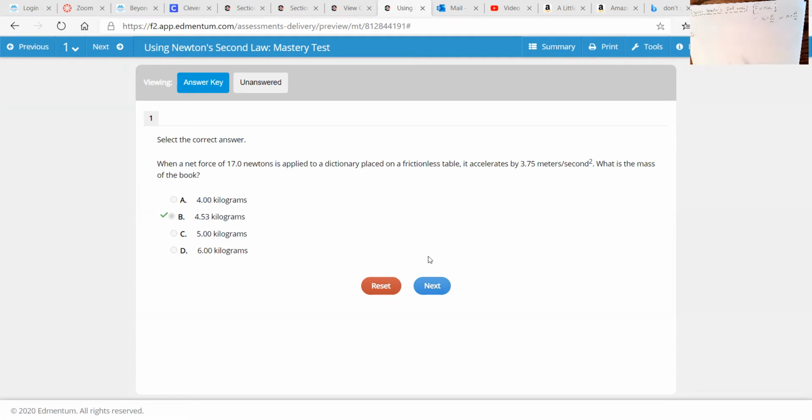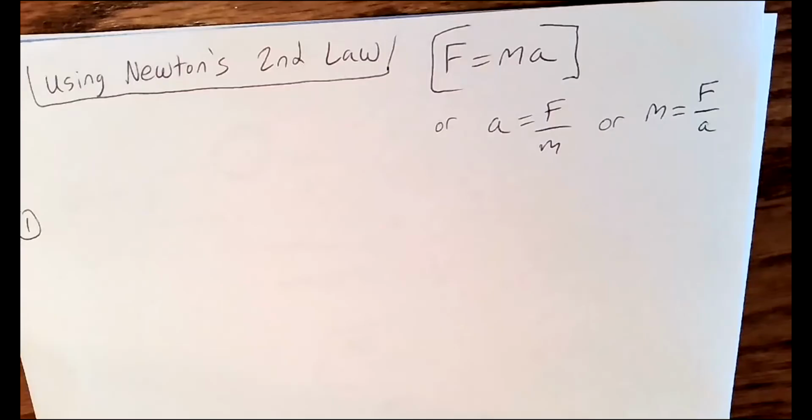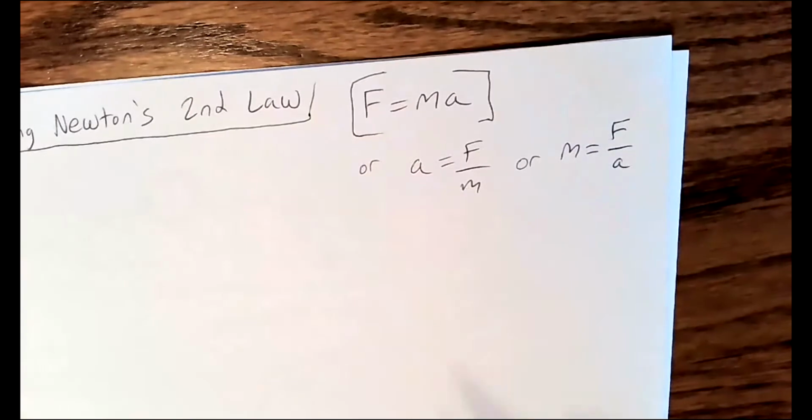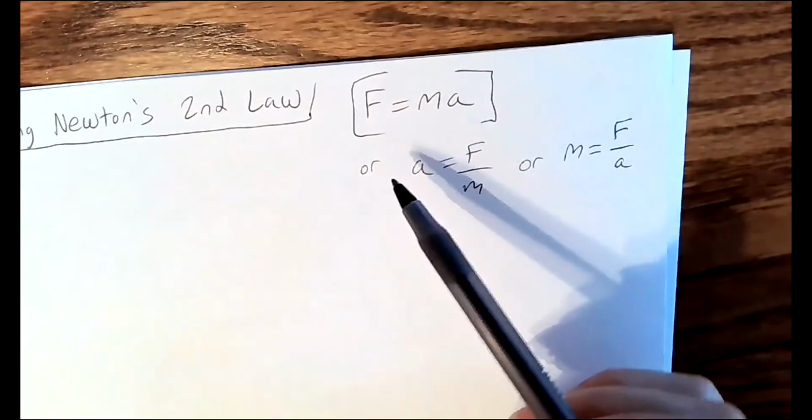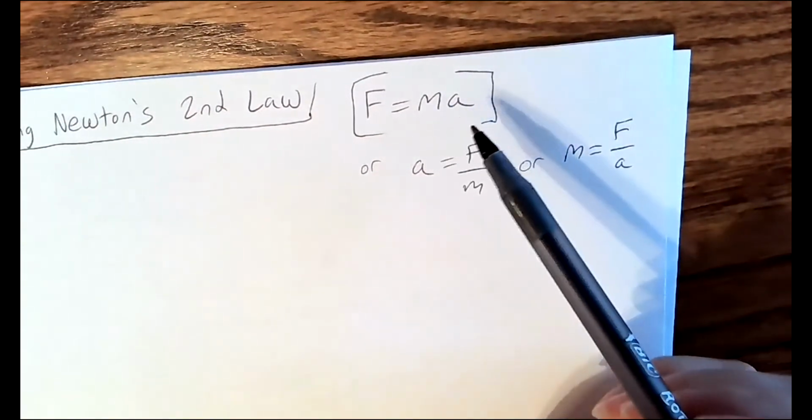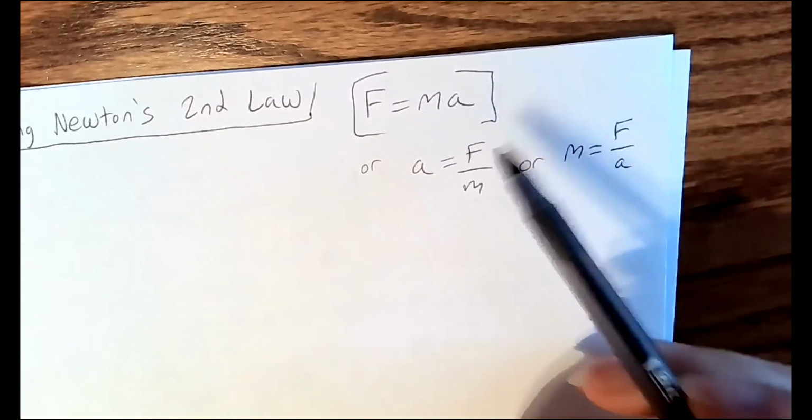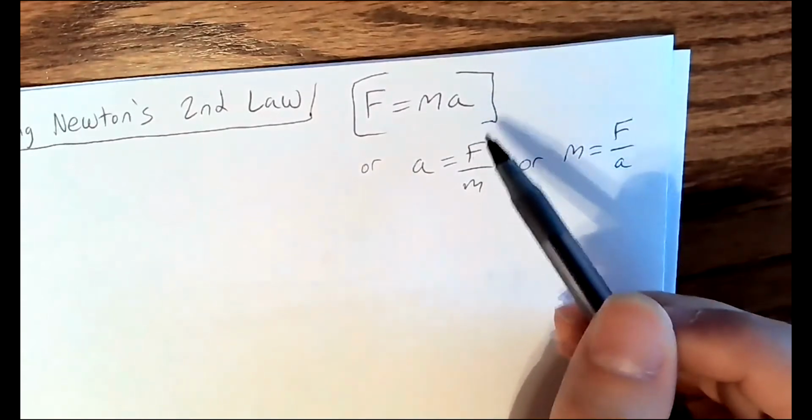And this is the F equals ma law. At least that's how I refer to it. So we're going to use this a lot. The force is equal to the mass of an object times the acceleration that the object is experiencing.